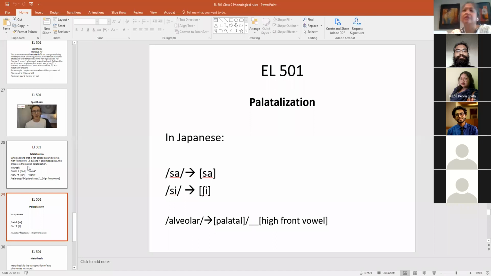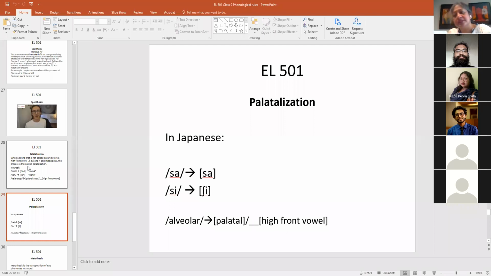Nothing has changed in terms of its state of glottis. The only thing that has changed is its place of articulation. An alveolar sound became a palatal sound. So palatalization is any type of sound becoming a palatal sound just because it occurs in front of a high front vowel. Okay, that is palatalization.